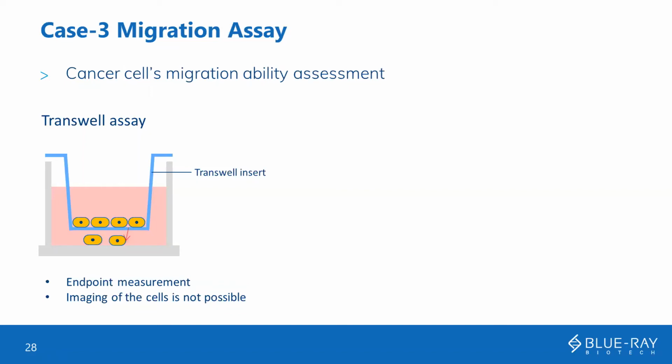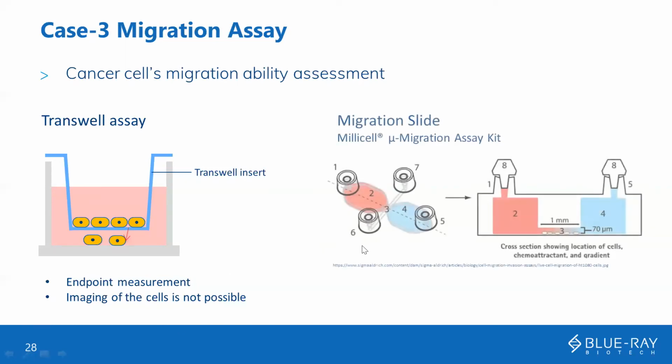So that is their question. The quantification of migratory cells using this method is based on the endpoint measurement, so you don't know what happened in between.